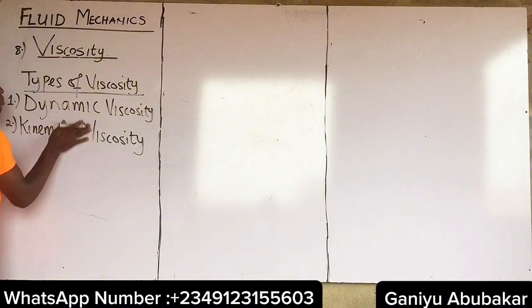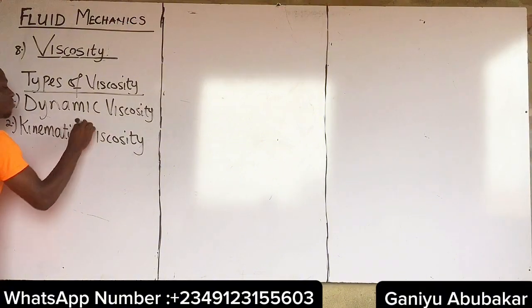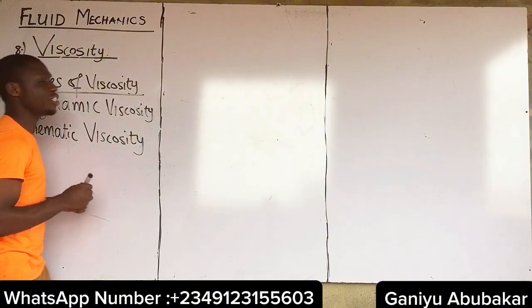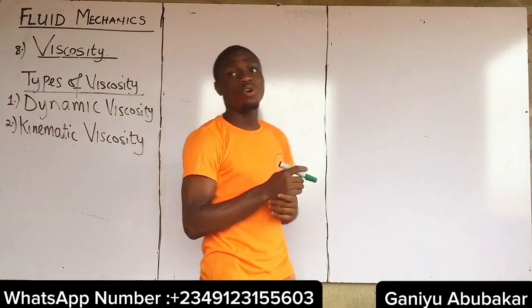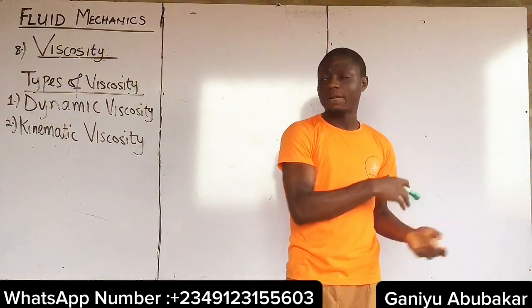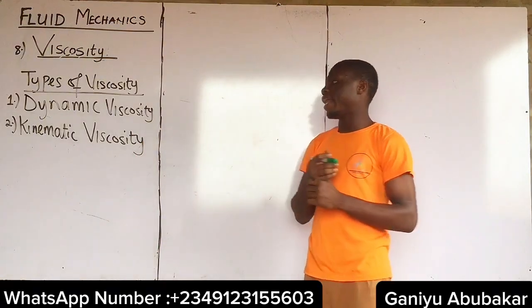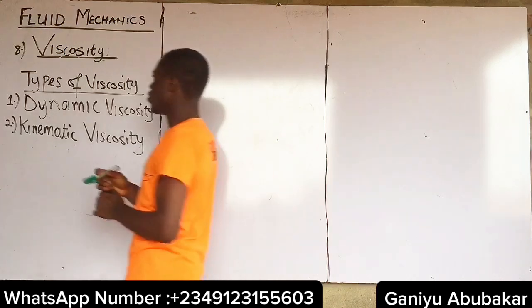These are the two types of viscosity that we have. So let's discuss these two types one after the other. What is dynamic viscosity and what is kinematic viscosity? Let's take them one after the other.